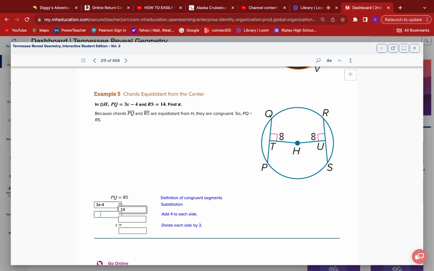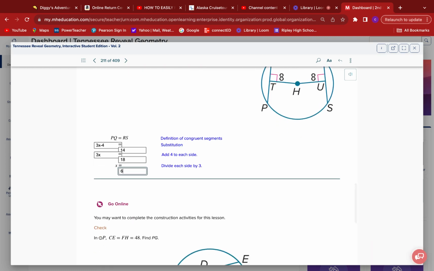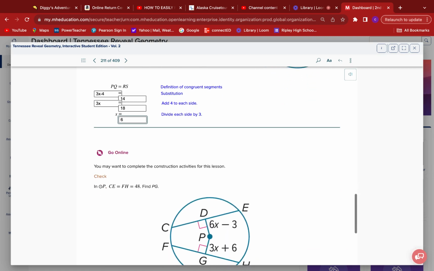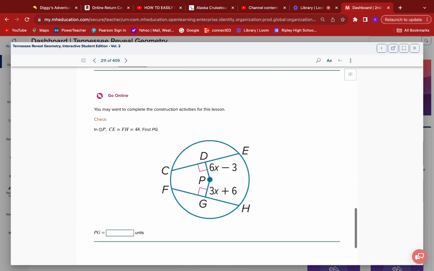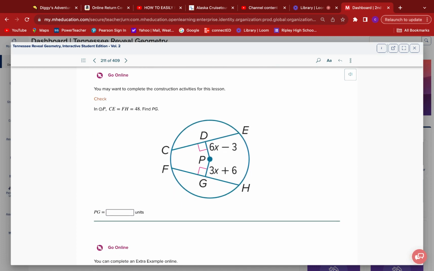All right, I'm going to add 4 to the other side. So 3x, 4 and 14 make 18. And then the opposite of multiplying by 3 is to divide by 3. 18 divided by 3 is 6. Okay, so there we go. There is our x.